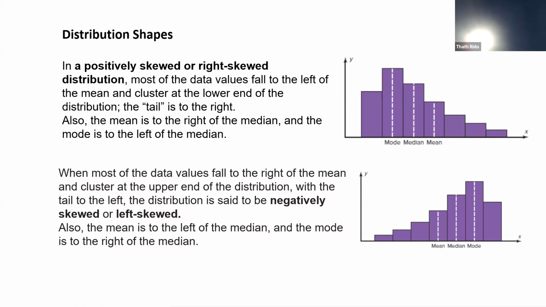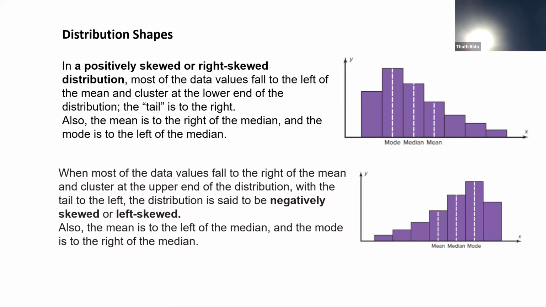You can see this is a histogram. The height of the bar represents frequency. So the frequency of large data is very small, but it's very large compared to the mean and compared to other data value. So this is called positively skew or right skew.